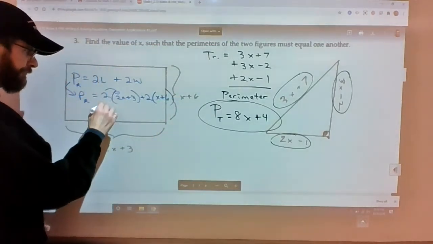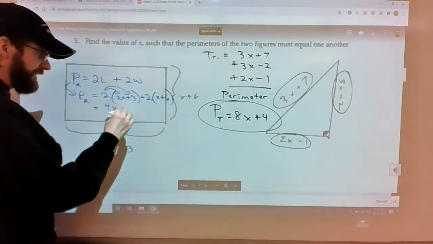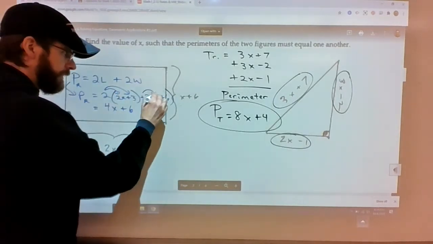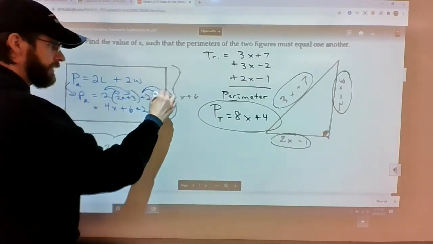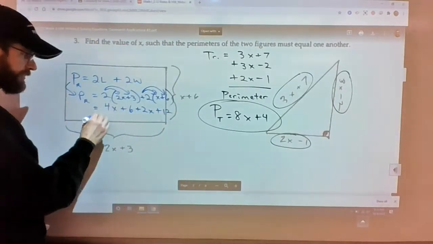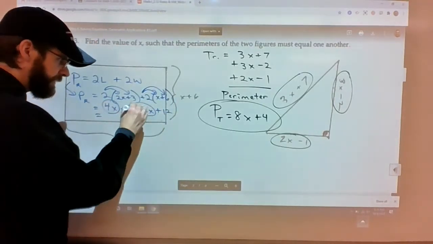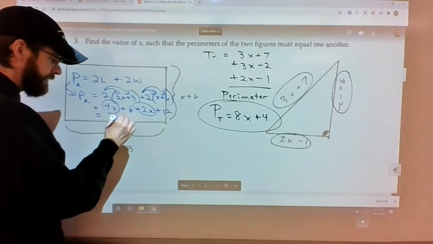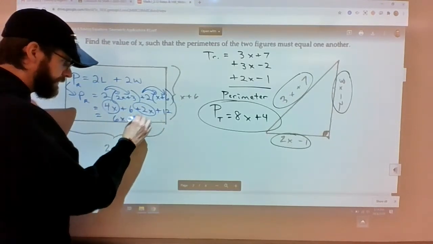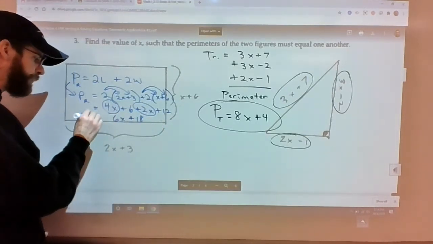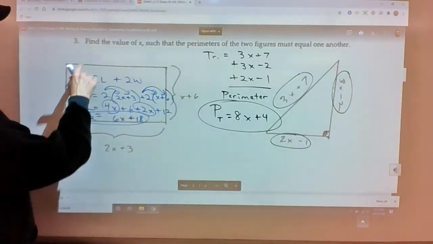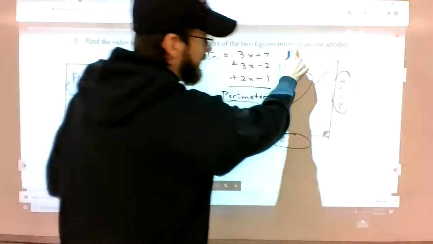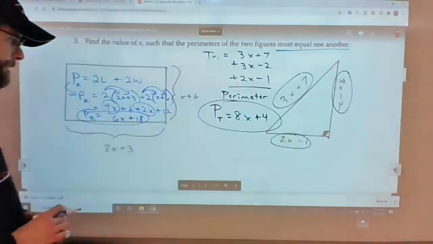So then this is 4x plus 6 plus 2x plus 12. So that ends up being 6x plus 18. So these are the two parameters that are equal to one another.